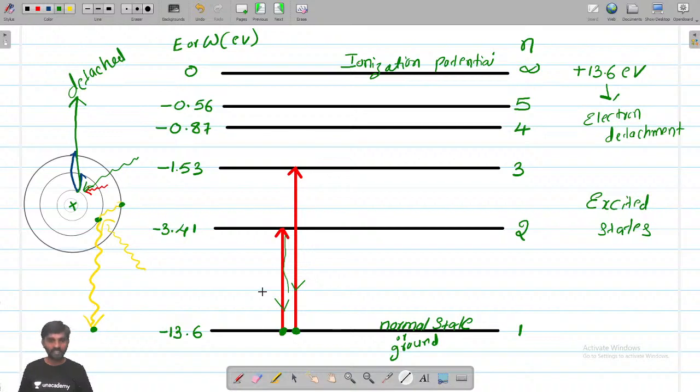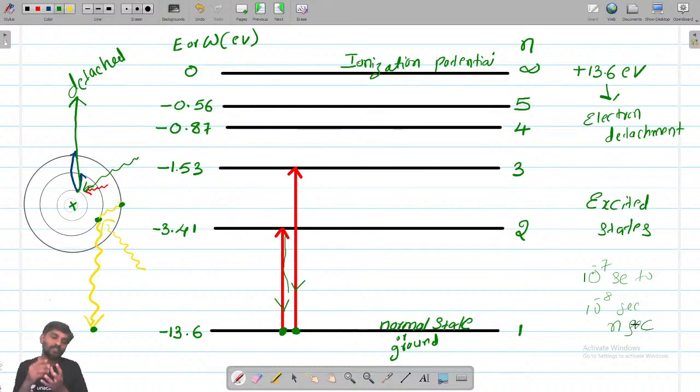It has to definitely come back to its normal state after some point of time. That is called lifetime. The lifetime of an electron is, I think, 10 to the power of minus 7 seconds to 10 to the power of minus 8 seconds, which is almost nanoseconds.